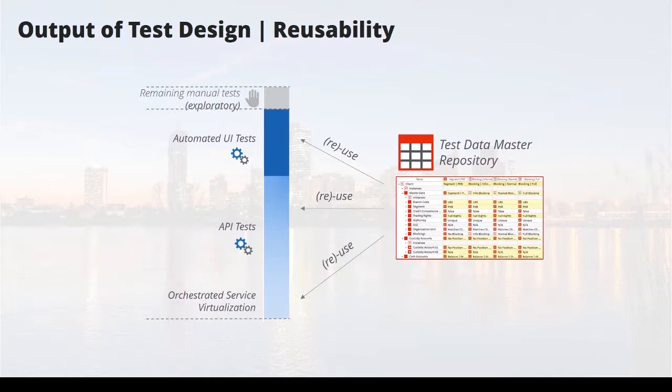Once your test case design is finished, you can go for whatever you want to do with these defined logical test cases. You can go for manual tests, you can go for automated UI tests, API tests, or even orchestrated service virtualization.